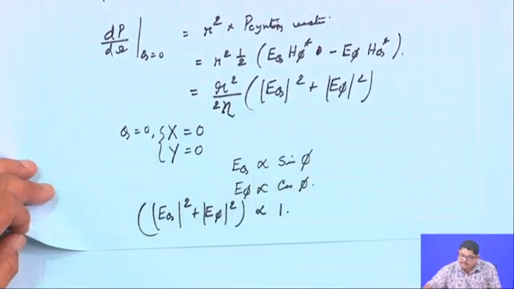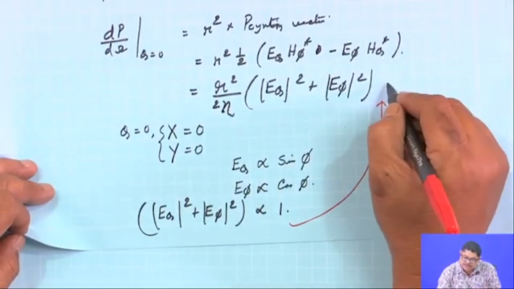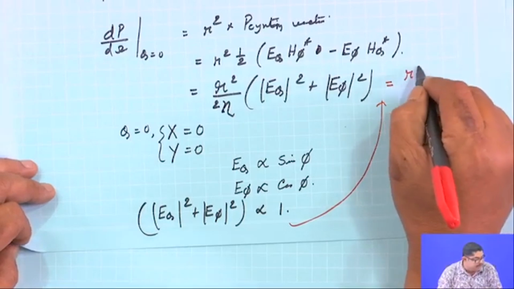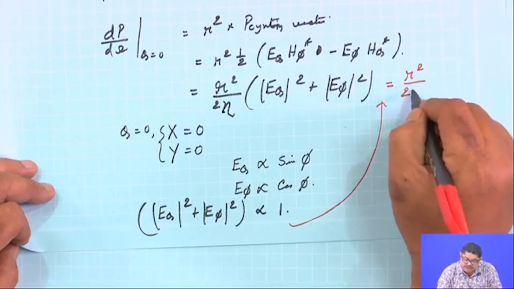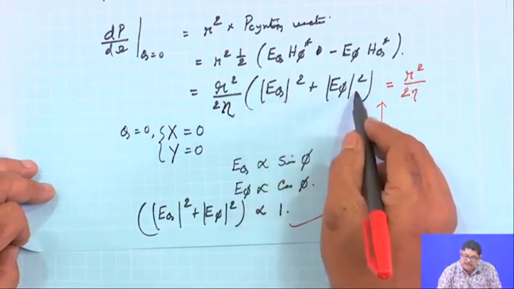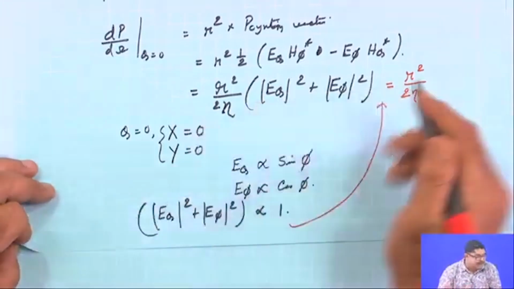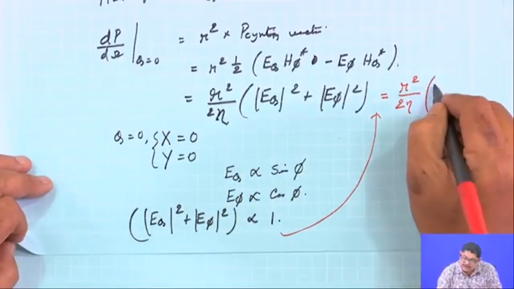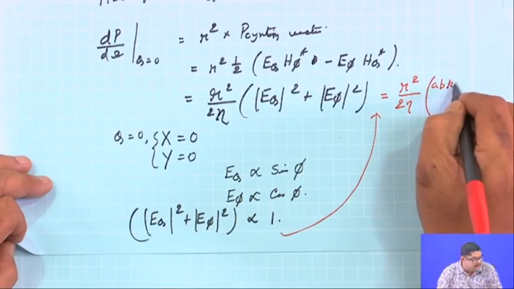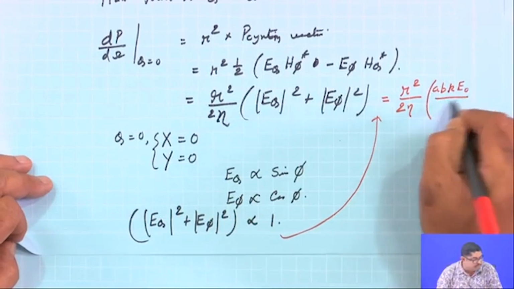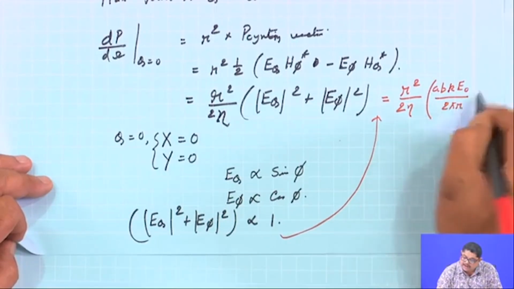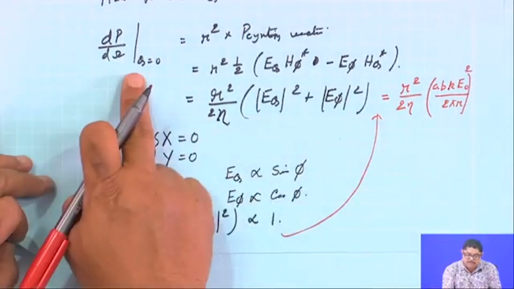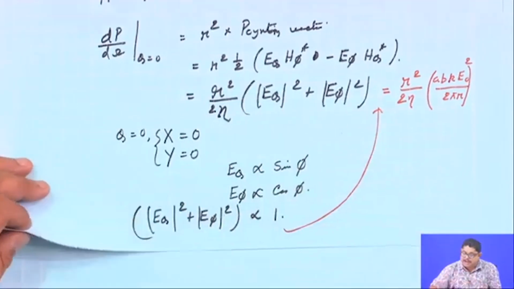I am again putting this value, so it becomes r square by 2 eta into E theta. I have a constant part, that part will be there, other things are not there. So, that will be A B k E naught by 2 pi r whole square. So, dP d omega I got, Pr I have got.